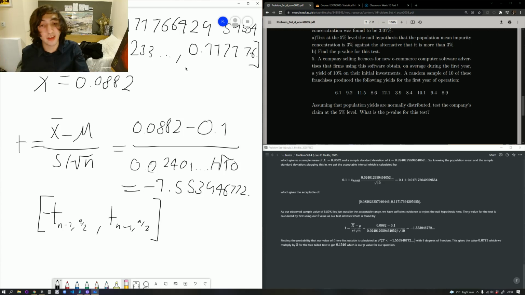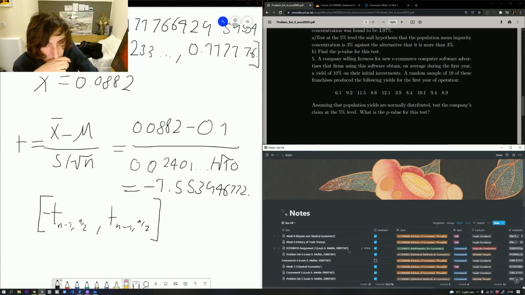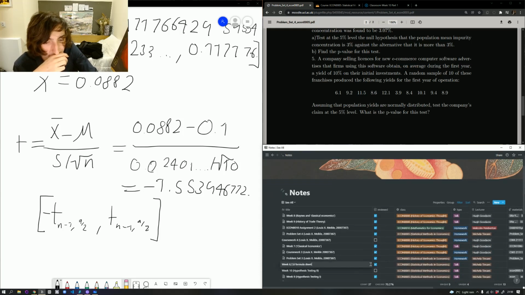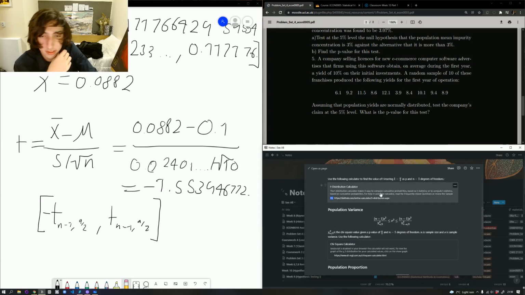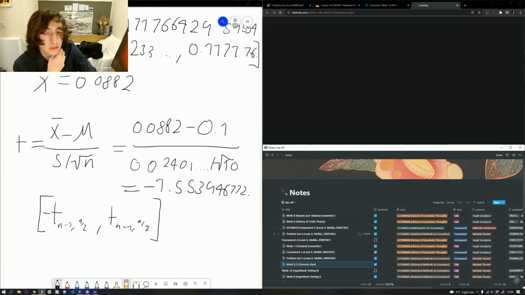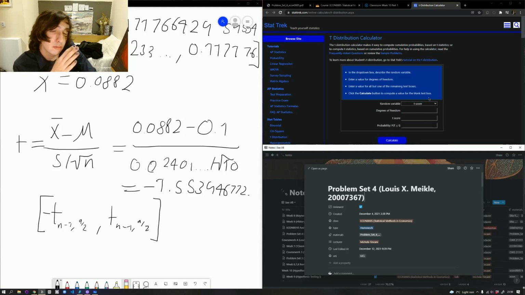Now, your actual critical value of t is a different thing. Let's go to the formula sheet, actually. And let me just go back to my good old t-distribution calculator. For the t-distribution calculator, you can see that I'm adjusting the site. For degrees of freedom, we input 9.